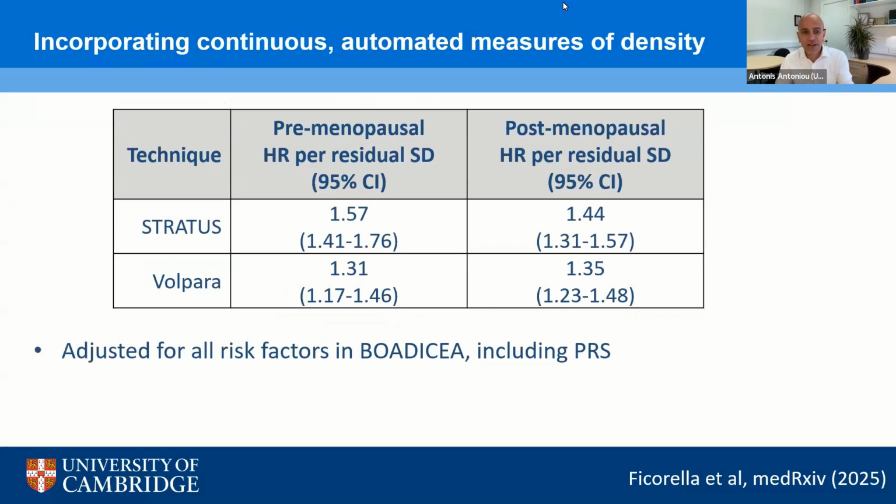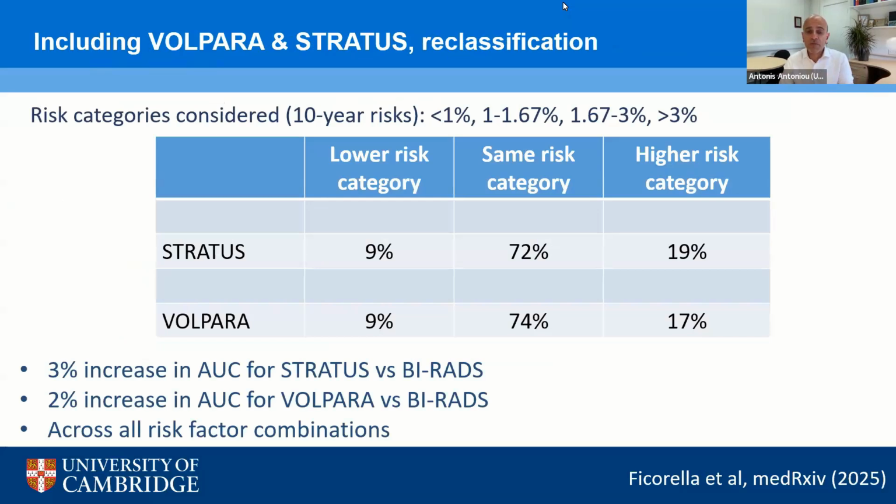So we used this study to develop and validate the model. So we estimated the relevant parameters. I'm not going to go into too much detail here, other than to say, when we validate the model, we see that there is significant reclassification of women compared to using BI-RADS. So for example, around 25% of women, when we're using Stratus or Volpara, get reclassified into a lower or higher risk category.